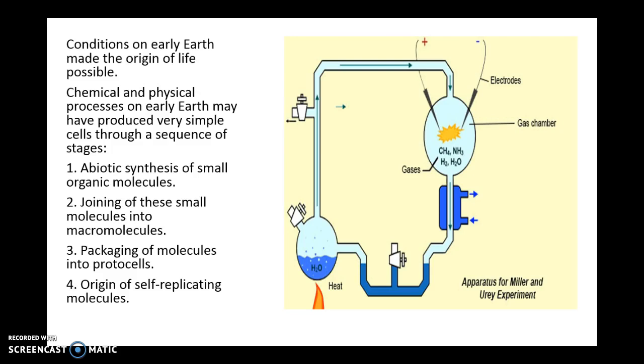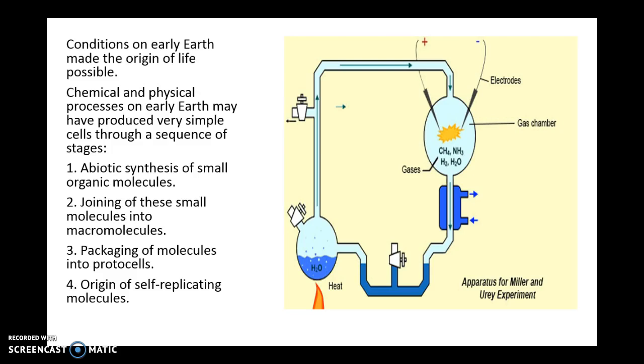But there may be the chance, and actually this has been proved in labs, that amino acids can be formed in this environment. You have simple stages where organic molecules could have been created in this atmosphere.